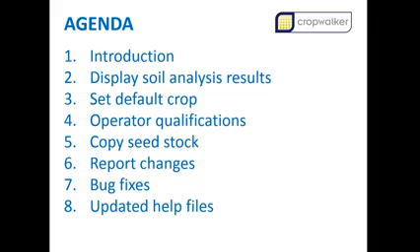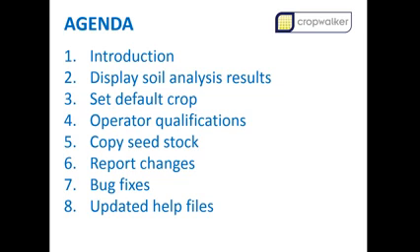The next one is a time saver for copying your seed stock. If you need to enter seed splits into CropWalker, there's a new copy button to save you time when doing this. And I'll then go through a few report changes and the main bug fixes that I think were included in this release, and then finally just point out the help files that have now been updated to you.